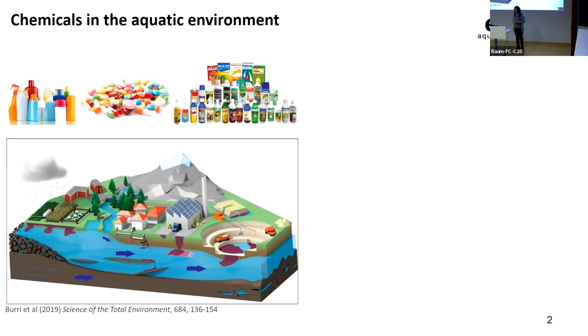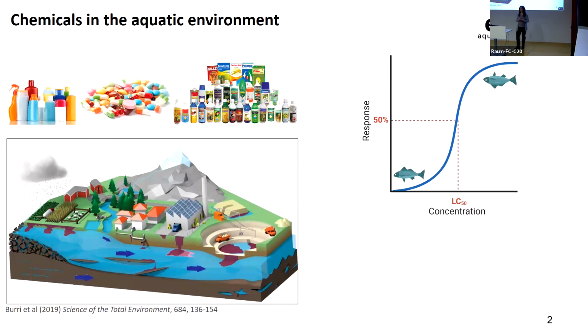us humans. But many of these chemicals that can be found in the environment have only crudely been assessed for their toxicity. Classical toxicity tests have been performed in which you expose the organism to a range of different concentrations, and then it is counted how many of the animals are affected.